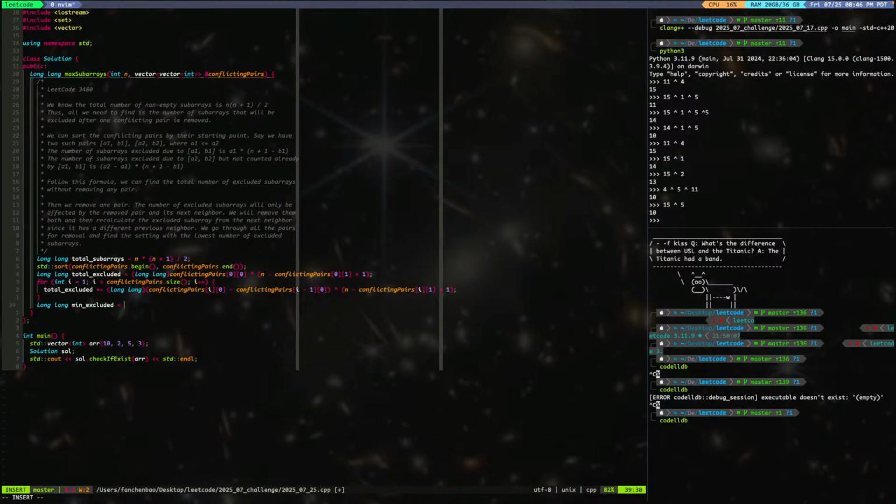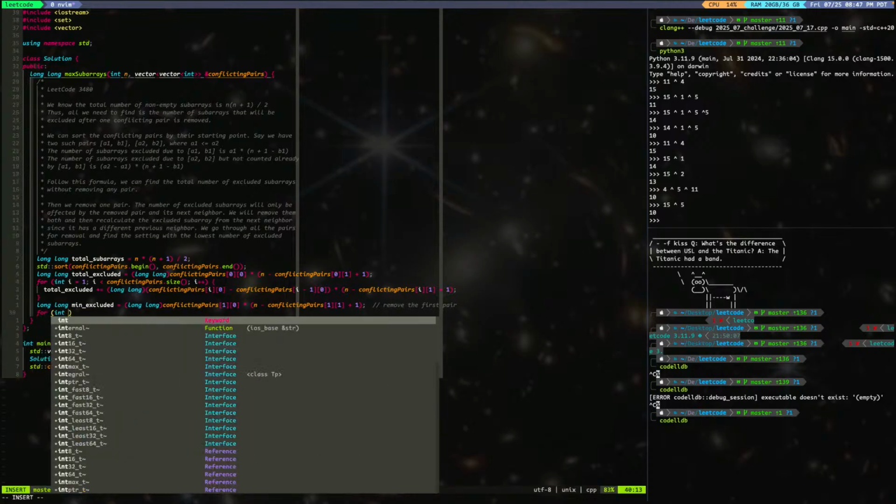So essentially we'll recompute. So I remove this, this, and plus this. Essentially we say long long conflicting pairs 1, 0 times n minus conflicting pairs 1, 1 plus 1. So this is removing the first pair.